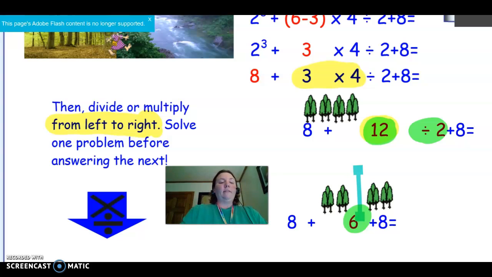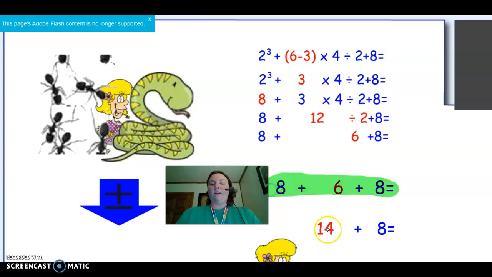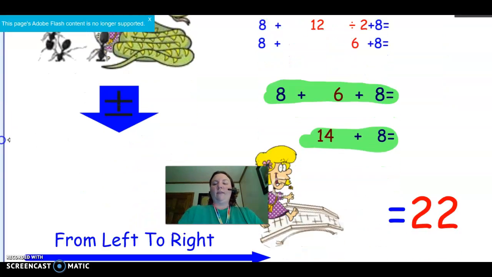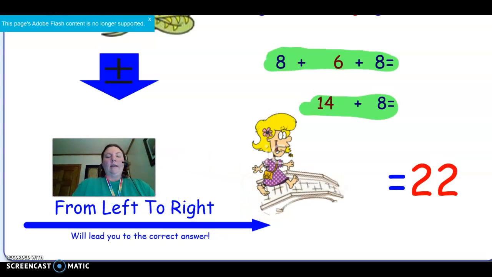All right, and our last step is usually the one people like the best because it's adding and subtracting, and it's what we already know how to do. 8 plus 6 is 14. 14 plus 8 is 22. And again, you'll notice here that we want to simplify from left to right, just like the way we would read a paper.